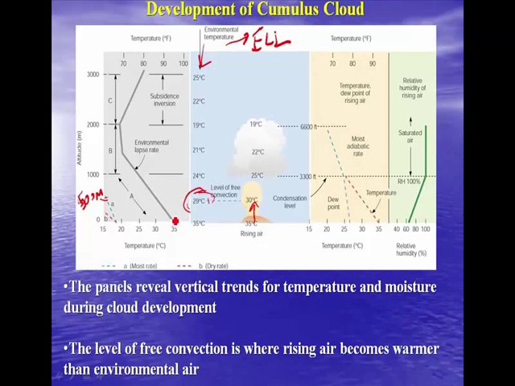So the environmental lapse rate, you see temperature decreasing with height. At a certain point, it doesn't change as rapidly, and then it actually begins to warm. So we see how the temperature of the surrounding atmosphere changes with height. And so as long as this environmental lapse rate is decreasing with height, it's very steep, we should see air continue to rise.